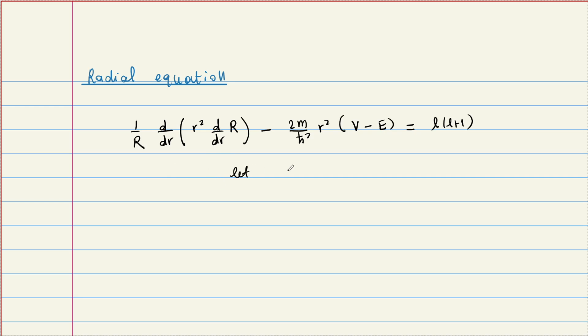So let's introduce R of r. Rather than R, we want to write this in terms of u of r. There's a common question: why do we do this? We are going to do many things, also tomorrow.